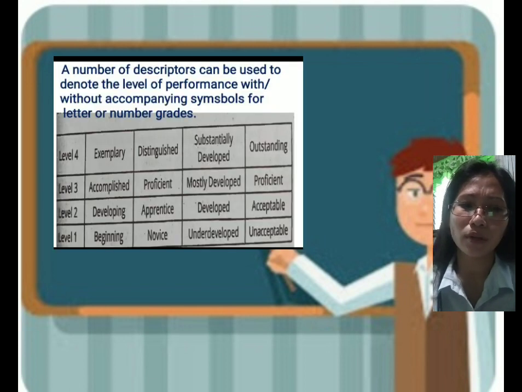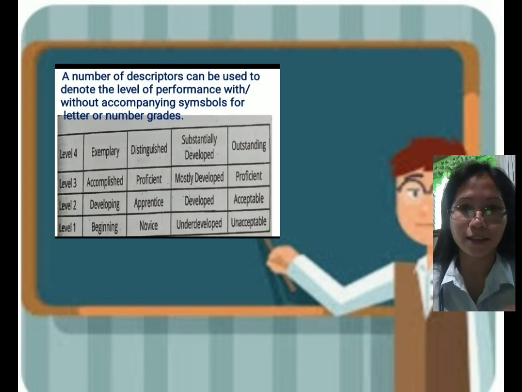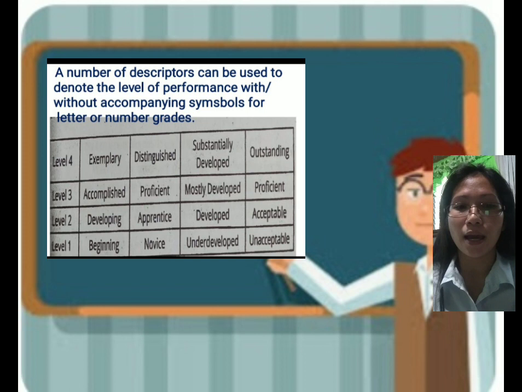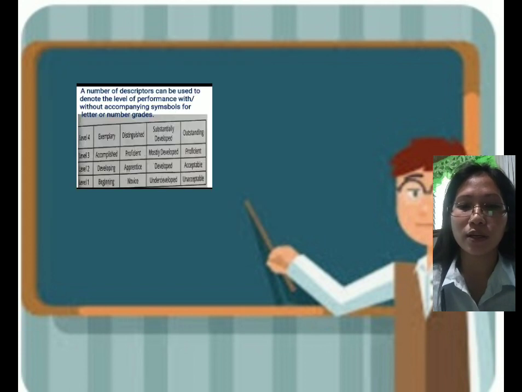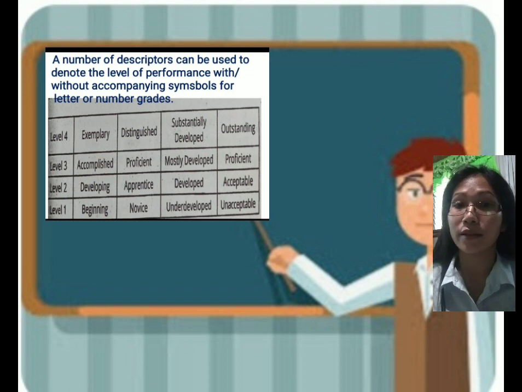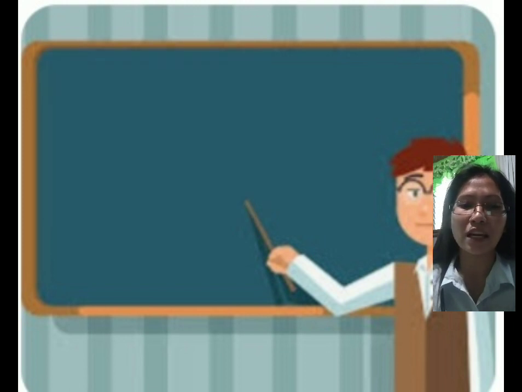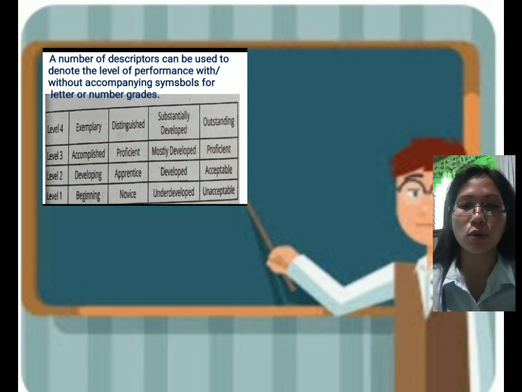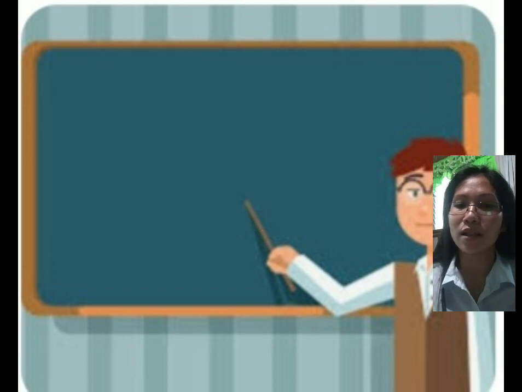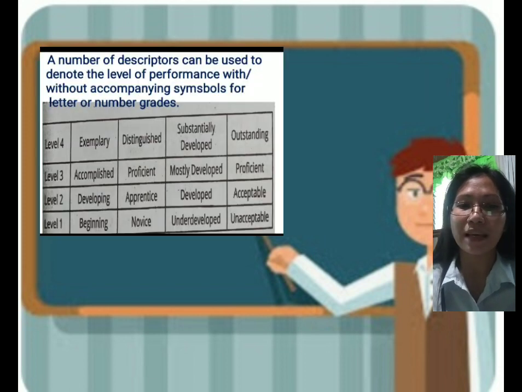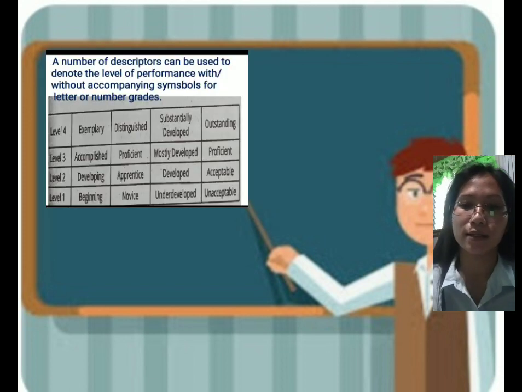So when you say level 1, you have to practice more. And then level 2, you are developing or you're acceptable. And then on level 3, you can say that it is mostly developed compared to developing. And for level 4, this is what we call outstanding or distinguished. Okay.